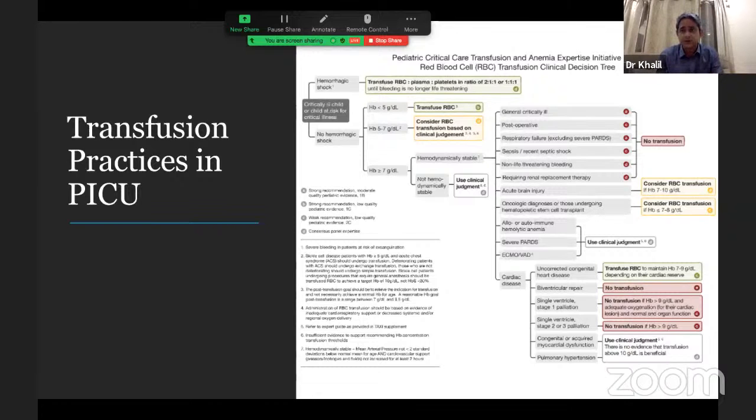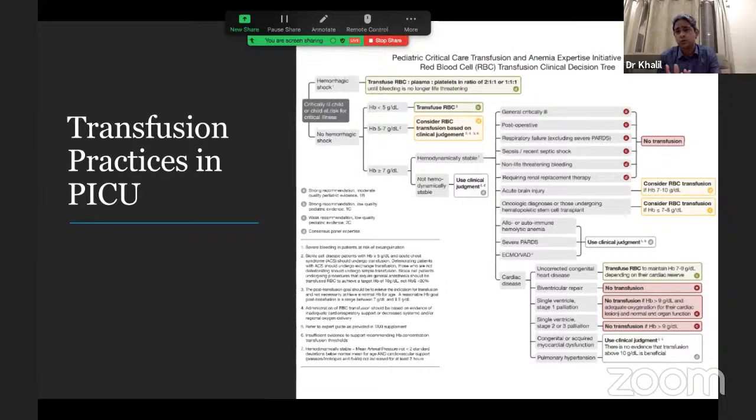conservative. So again, the transfusion criteria depend on the underlying problem, like the general critically ill child, a child with a post-operative problem, a child with respiratory failure other than severe ARDS, sepsis and septic shock, non-life threatening bleeding, and a child requiring renal replacement therapy.